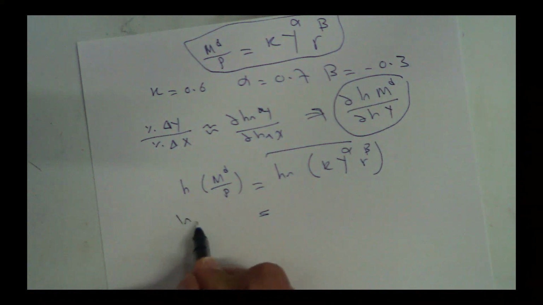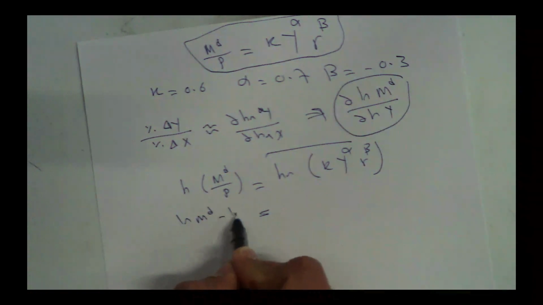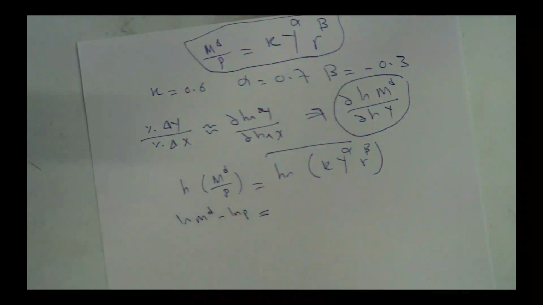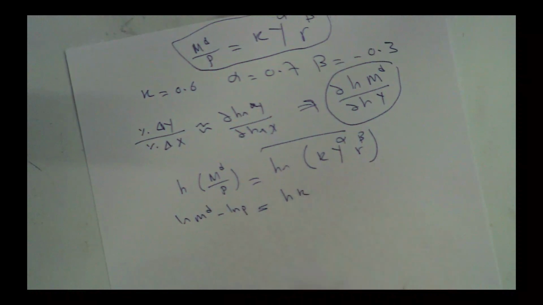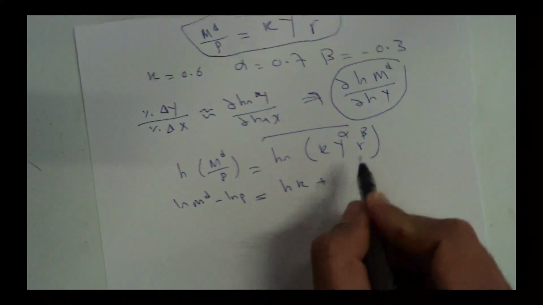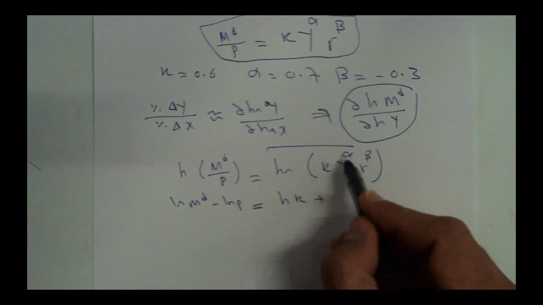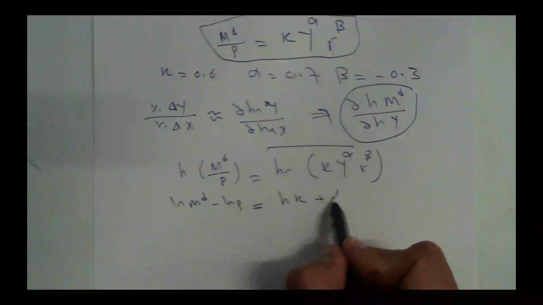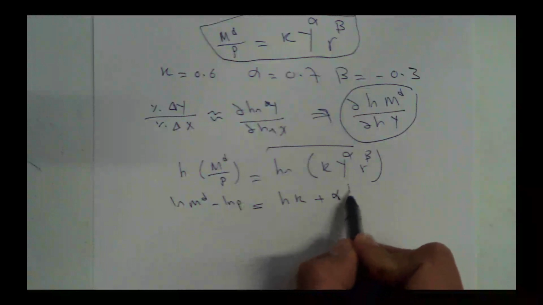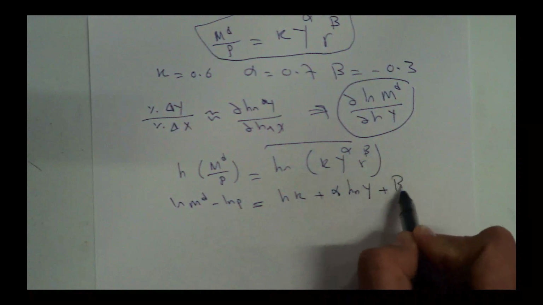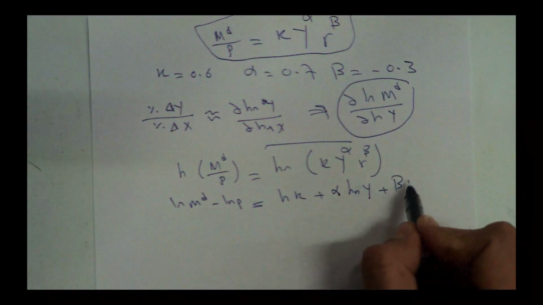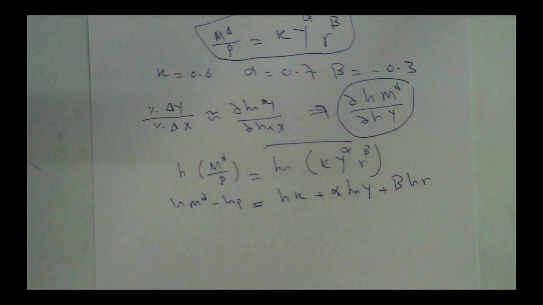So this is ln Md minus ln P, and this is going to be ln k, which is kind of a constant, plus, to take the log of this one, you take the power down here, so that's alpha times the log of Y plus beta, the same beta, times the ln of R. What I need here is just the money demand on one side.